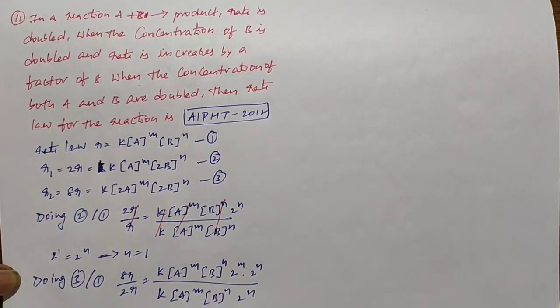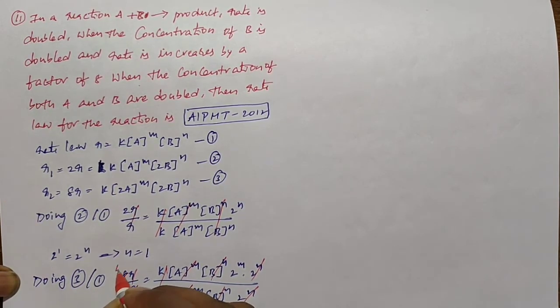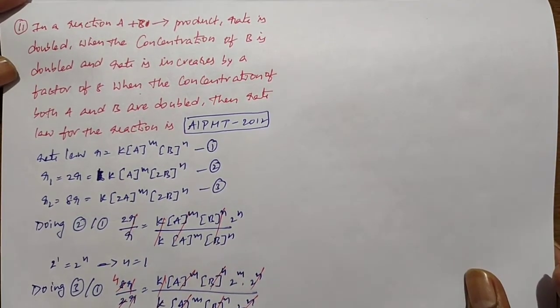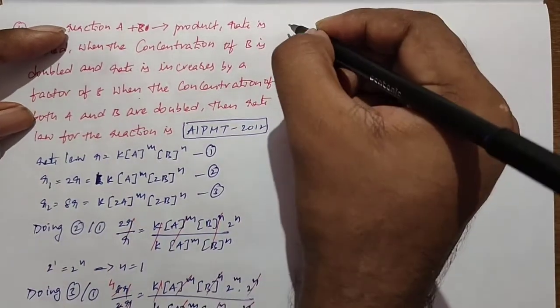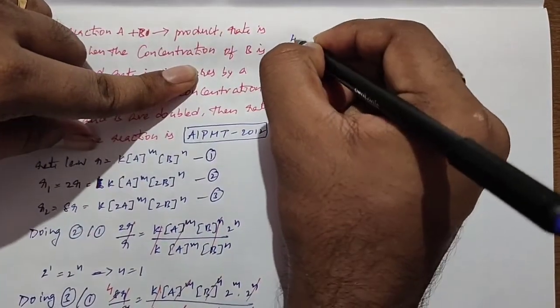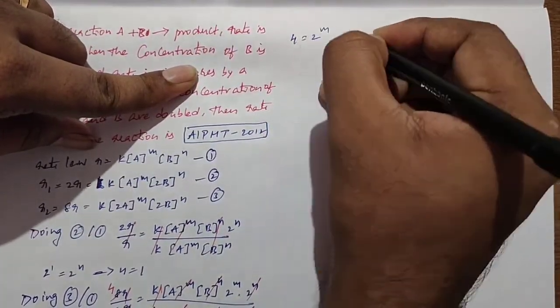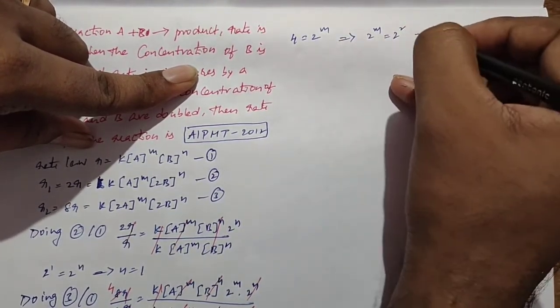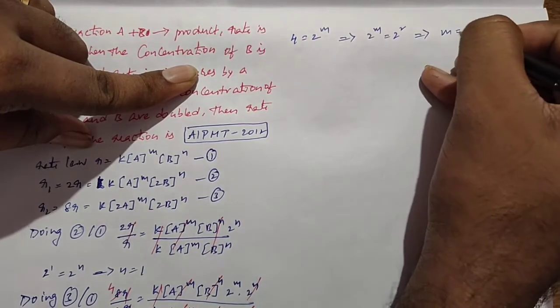Now we cancel all available factors. 2 power n can be cancelled, B power n, A power m, K and K, R and R, and 2 will be cancelled in 8 for 4 times?. After simplification, we get 4 is equal to 2 power m. We can write 2 power m is equal to 2 square, then m is equal to 2.